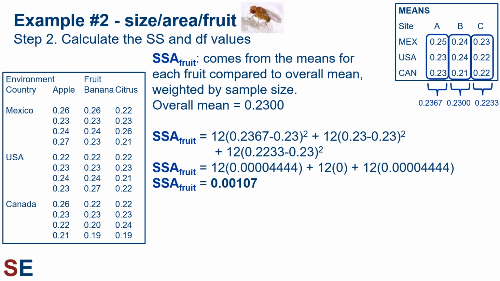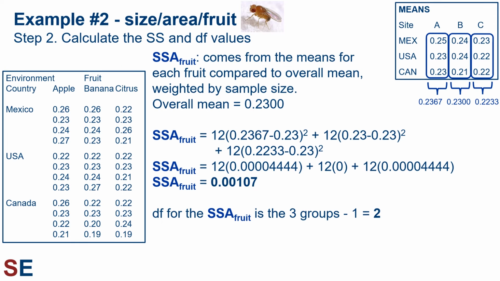The SSA fruit is therefore 12, the number of values in each fruit group, multiplied by, in parentheses, 0.2367 minus 0.23 squared, plus 12 times 0.23 minus 0.23 squared, plus 12 times 0.2233 minus 0.23 squared. With a little bit of calculating, we can get a value of 0.00107 for the sum of squares among for the fruit factor. The degrees of freedom for this SSA is the 3 groups minus 1 equals 2.